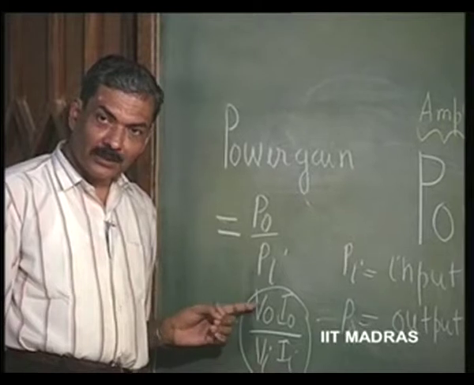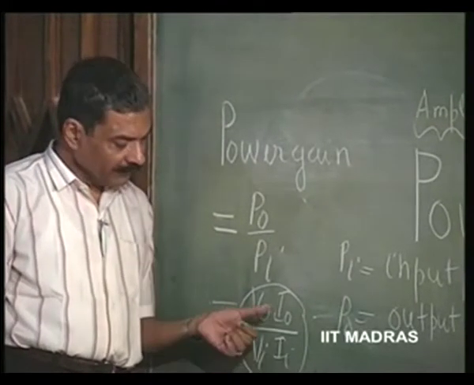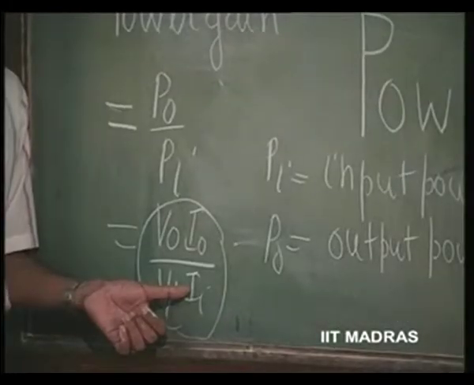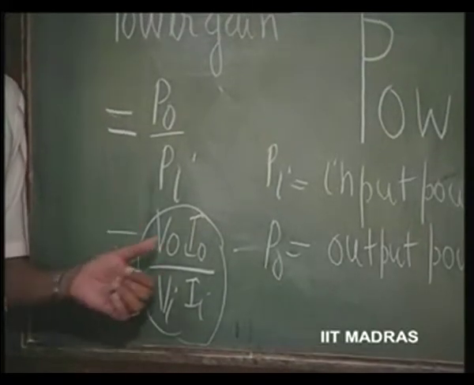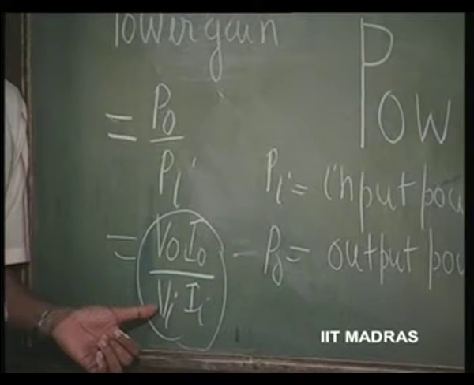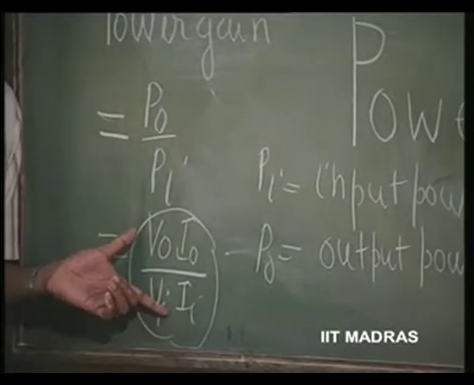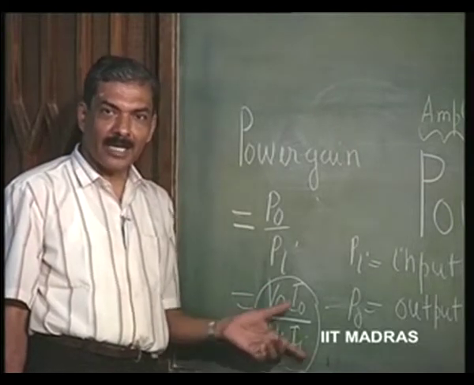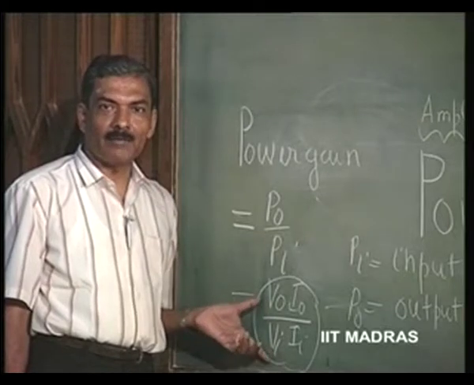If we get V naught over V I as a factor greater than 1, then even if I naught over I I is less than 1, there is still power gain possible. If V naught over V I is less than 1, as long as I naught over I I is greater than 1, there is still power gain possible. That is why voltage amplifiers as well as current amplifiers are still suitable for power amplification.